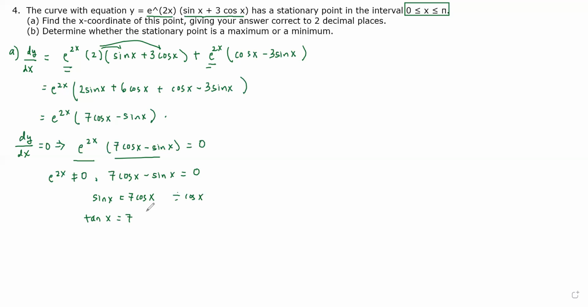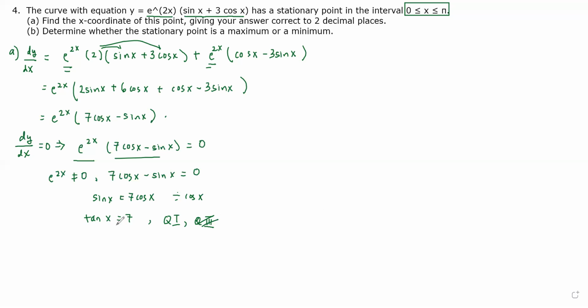Look at the ratio. You have a positive ratio, and tangent is positive in the first and the third quadrant. However, x is in between 0 and pi, which is in quadrant 1 or 2. Then quadrant 3 doesn't apply.